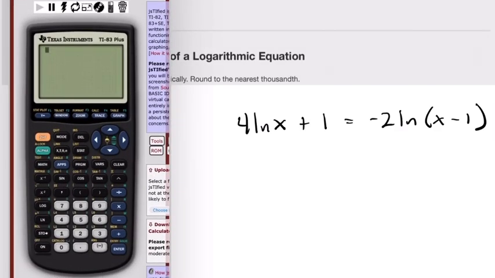So what we're going to do is put the left-hand side on one line, the right-hand side on another line, and then see where those two cross, and wherever they cross is going to be the solution. So we're going to go to y equals, we got 4 times the natural log of x plus 1. We want to compare that to negative 2 times the natural log of x minus 1.